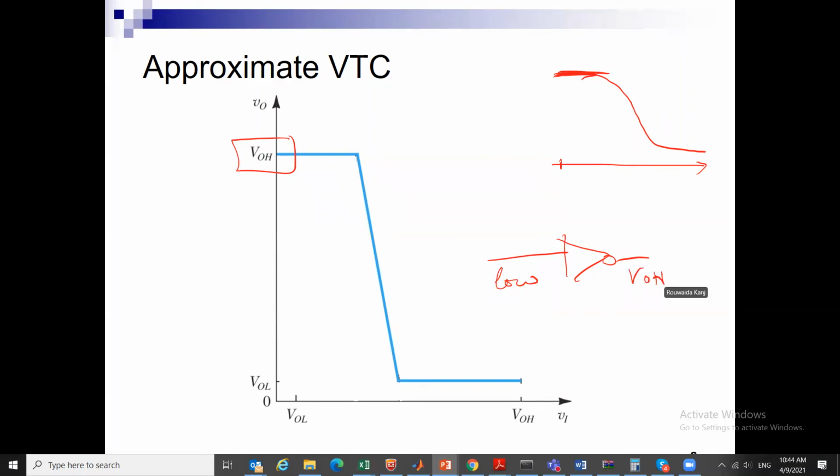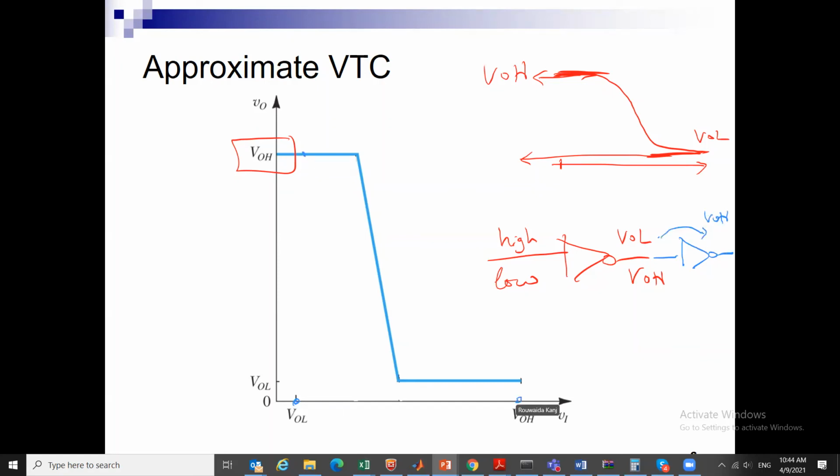And if my input is high, my output is low and I get VOL. So this level is VOL here, and this level here is VOH. So I know the output is going to fluctuate between VOH and VOL. Now, if I have a second stage, if the input is VOL, the output will be what?